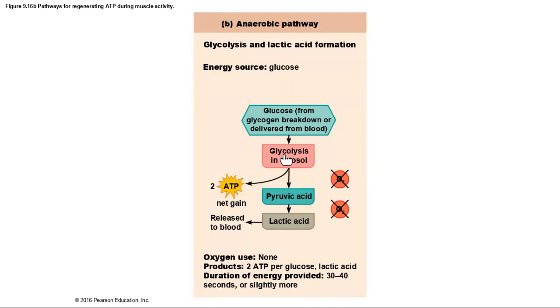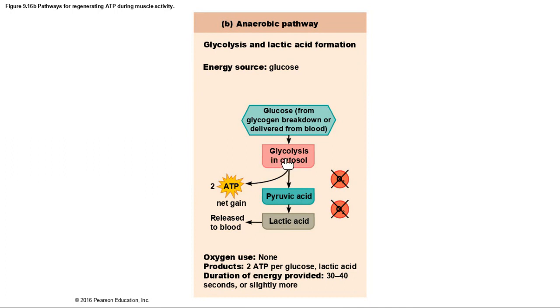Now, at the end of glycolysis, the end product, and you should know this, is a molecule called pyruvic acid. Very important. Again, the end product of the process of glycolysis is this final breakdown product called pyruvic acid.